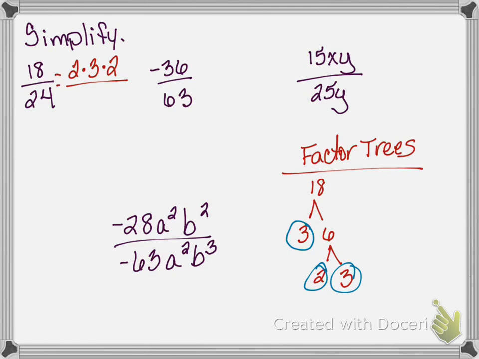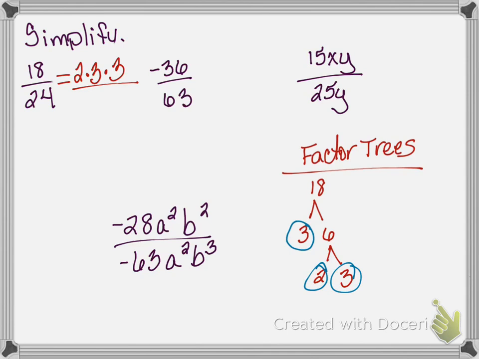Oh, that's not right. I said 3, right? I just wrote down 2. Here we go. 2 times 3 times 3. That's the prime factorization of 18, because 2 times 3 is 6, and 6 times 3 is 18.